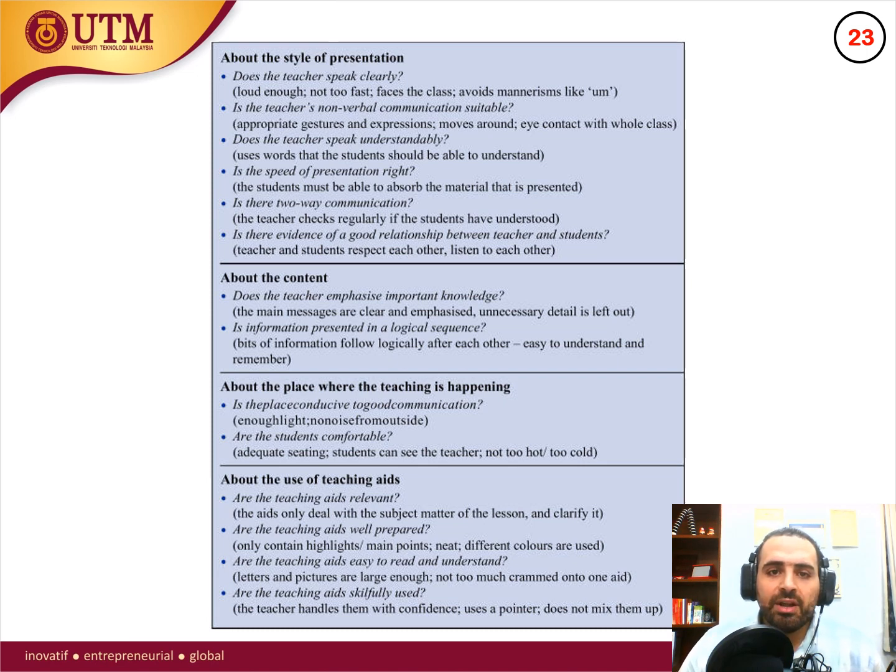Is the teacher's non-verbal communication suitable? Appropriate gestures and expressions, moves around, eye contact with the whole class. You need to actually move around the class. You don't have to sit or stand in your place the whole time of the class. You need to move around, try to actually make students more active, communicate with them with your eye contact and so on.